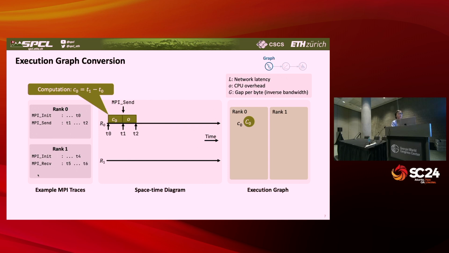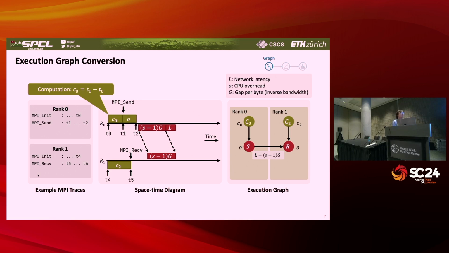Here we can do the same thing for the receive on rank 1. We can deduce that the computation can be represented by C2, and we add a vertex to the execution graph. And in the middle, we perform the send, so we start actually sending across the network. The send and receive operations can be represented by the red vertices S and R, so we add these vertices to the execution graph. We also add an edge connecting them, labeled by the cost of sending.